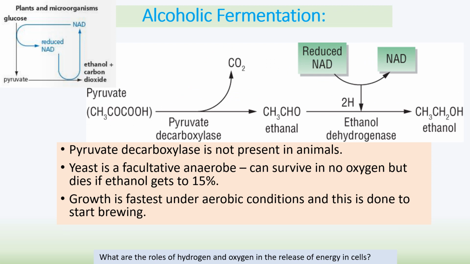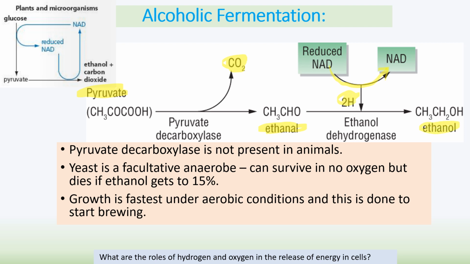In plants, it's very different. Pyruvate again is produced in glycolysis, but then a different reaction happens using the enzyme pyruvate decarboxylase, which removes a carbon dioxide from pyruvate to give ethanal. That is then reduced by accepting the hydrogens from reduced NAD, oxidizing the NAD, and that turns it into ethanol.